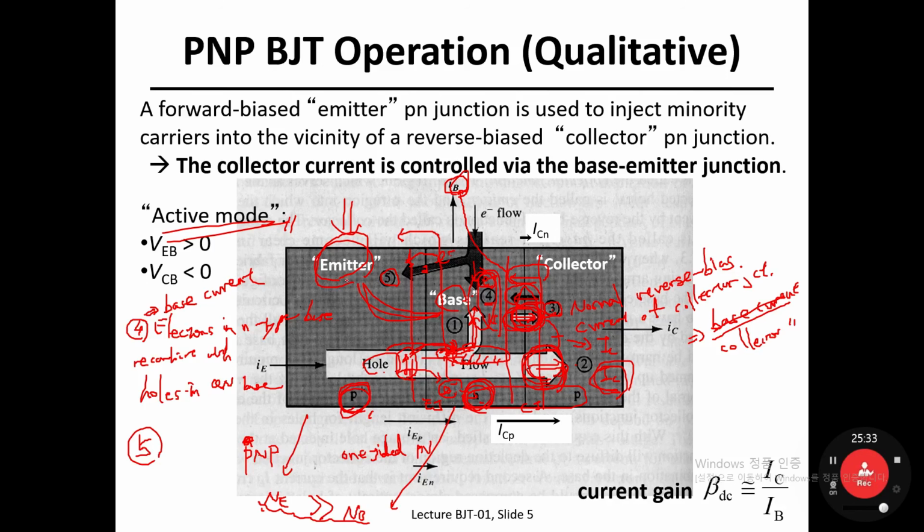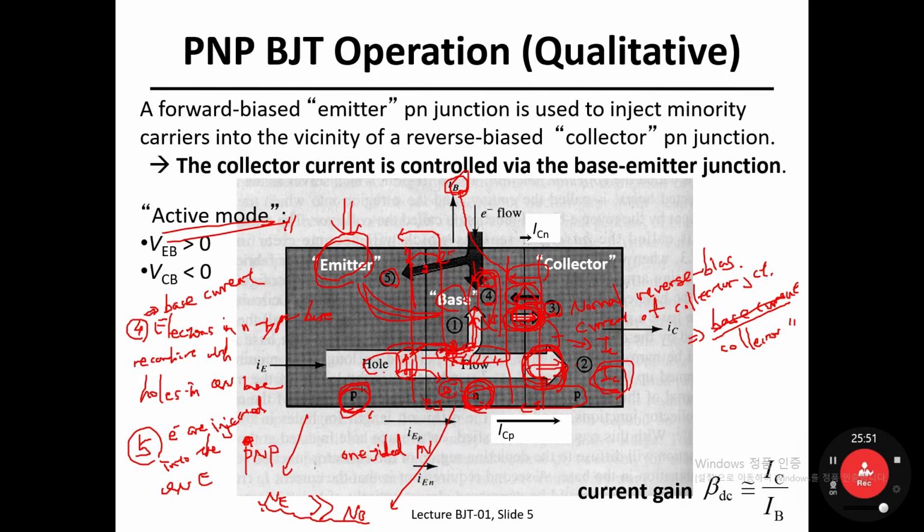Okay, let me see. Number 5. So number 5 is electrons. Definitely, electrons are injected into the quasi-neutral emitter region, right?